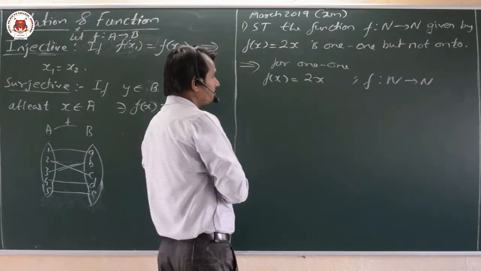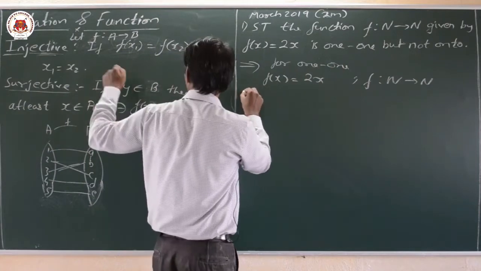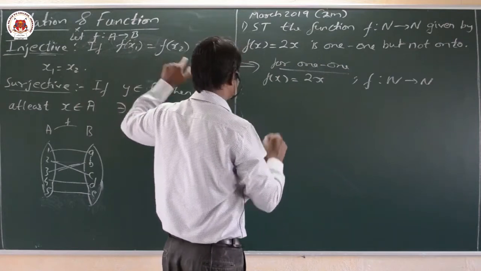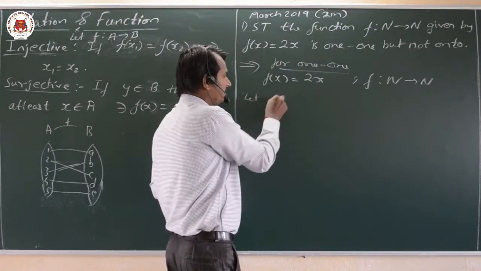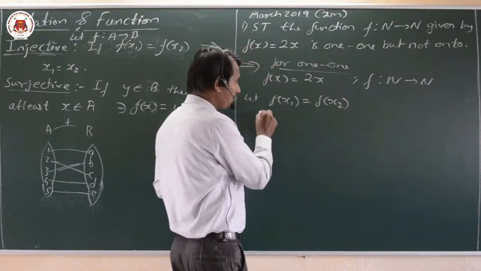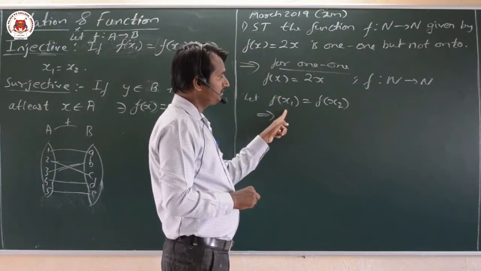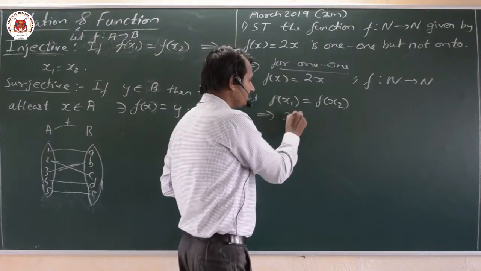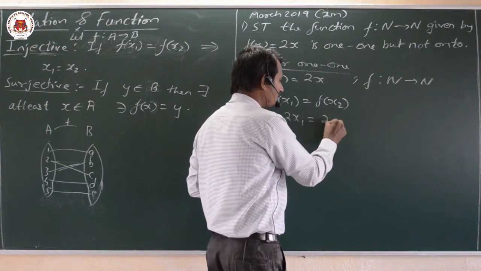Now we can observe here for one-one, what is the definition? If f of x1 equal to f of x2, let f of x1 equal to f of x2. Now what is the f of x1 here? In the place of x, just substitute x1. That is what we get here, 2x1 equal to 2x2.